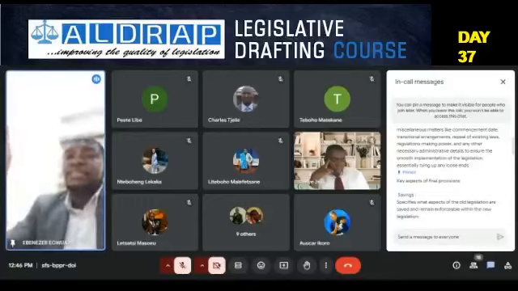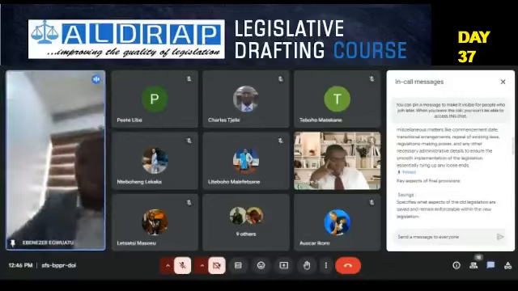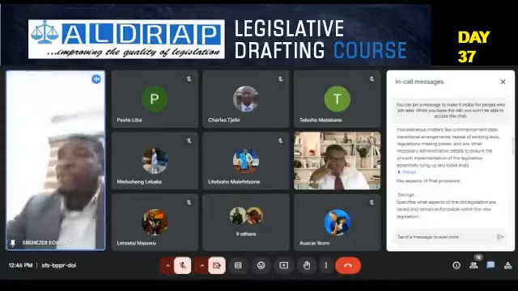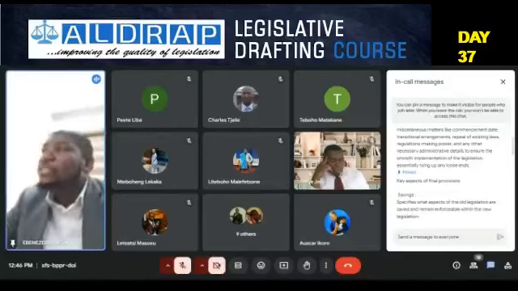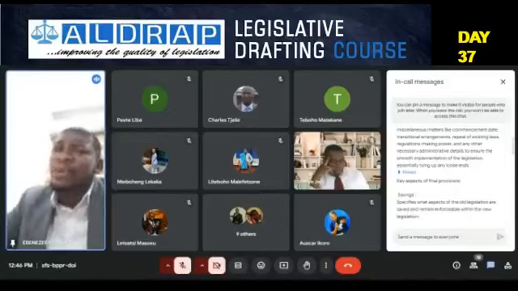So what it means is that you have all the existing laws in Nigeria sitting before you. It provides you easy access to cross-referencing. You want to check what is done here, you want to check what is done there. You are working on this section and you feel that there's an existing law that this might affect.